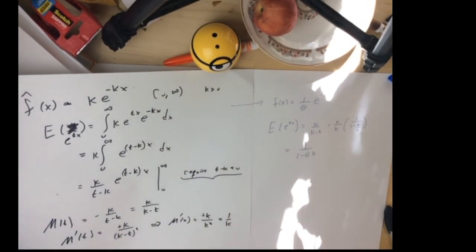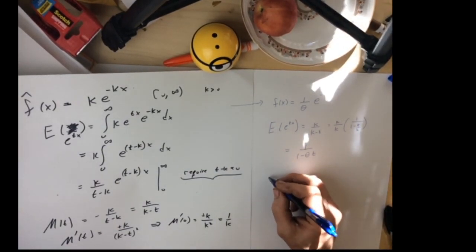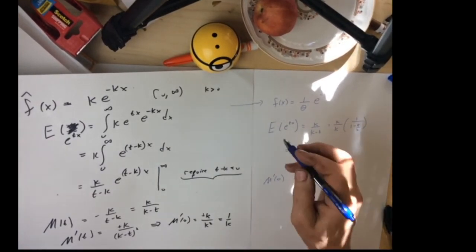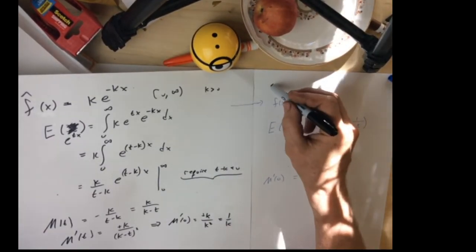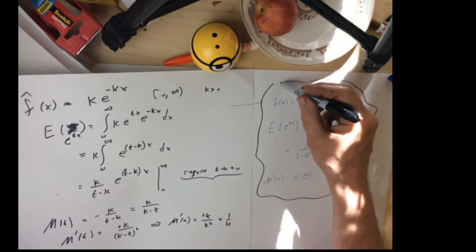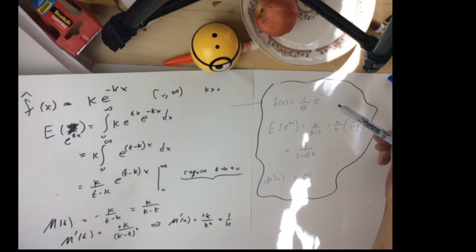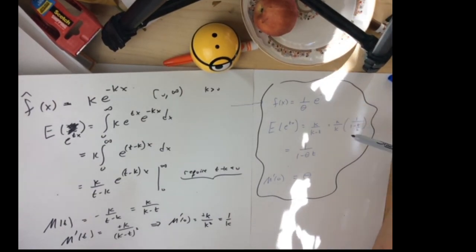The moment generating function looks nice. And we also discover that M prime of 0 now is theta. So when it's written in this form, the exponential function has some nice properties. Namely, it looks a little harder to write, but the moment generating function is nice, and so is the expectation of the function.